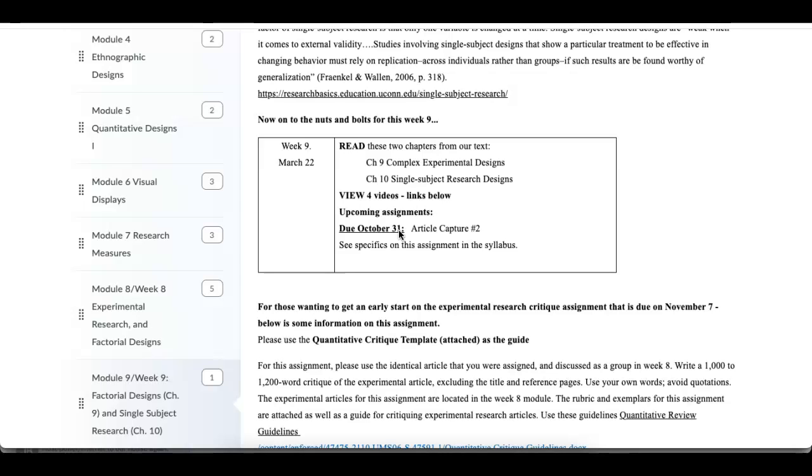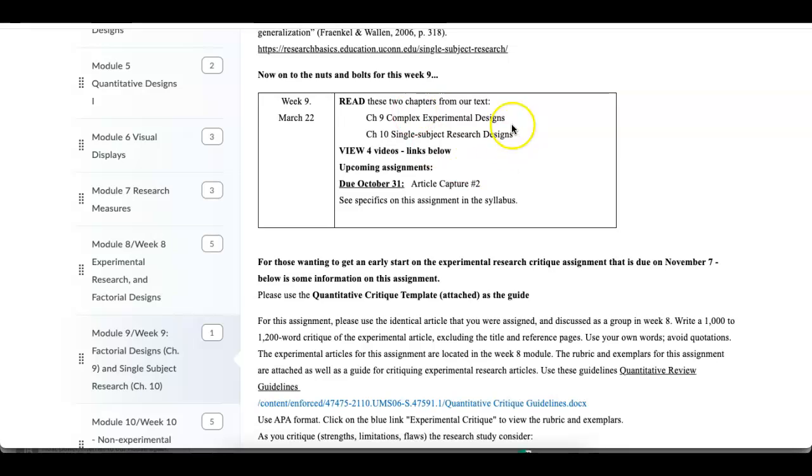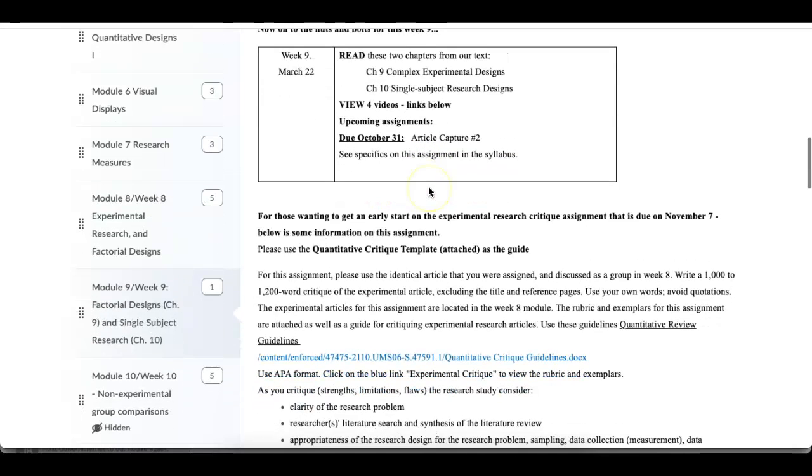If you only had 1 or maybe 2 articles that were true primary resource documents, and I asked you to submit 4 or even 5 with the article Capture 2, please do that so I can take a look at the new articles that you have. So once again, article Capture 2, you're just going to submit 3 new articles, primary source documents. That's what's due on October 31st.